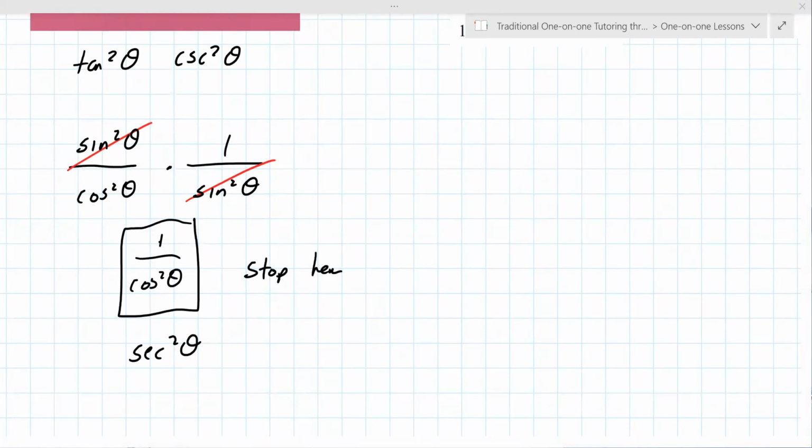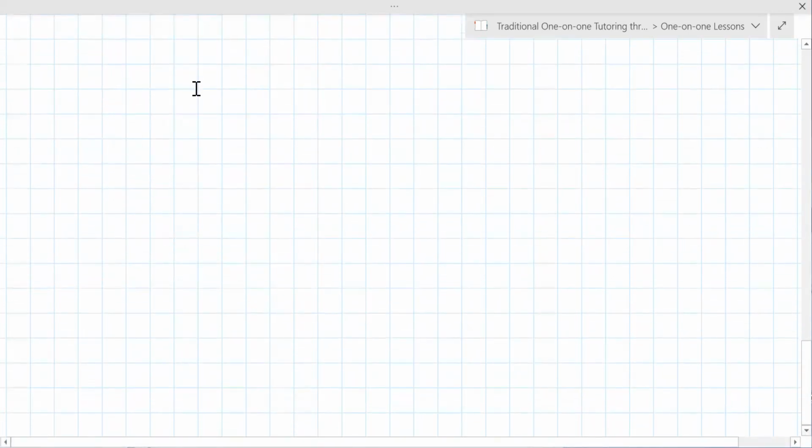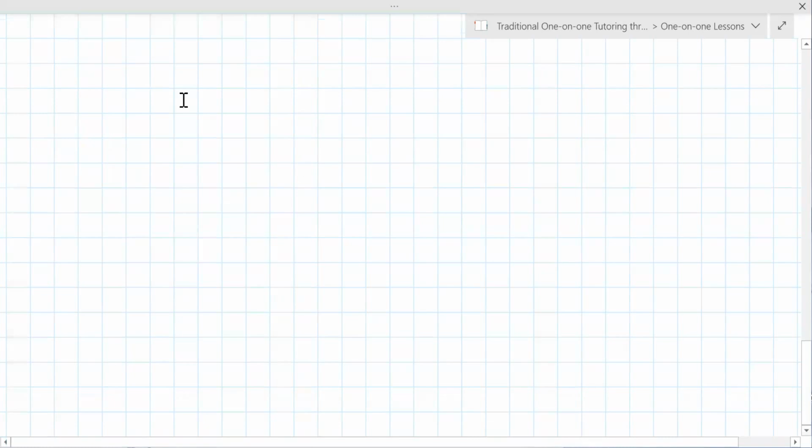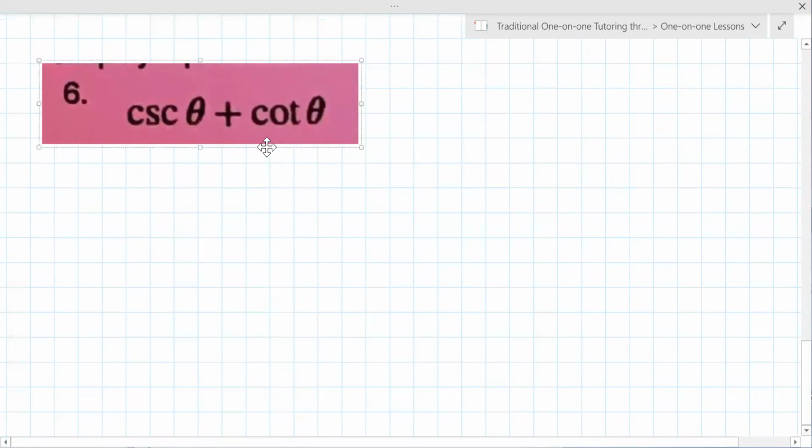So the reason you're doing this is because for problems like 7 and 8, you have to use these steps to prove or verify the identity. This is actually a really good question, because you do have to write everything in terms of sine and cosine.